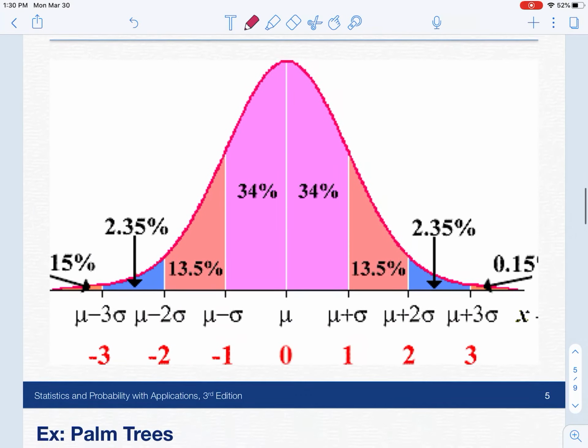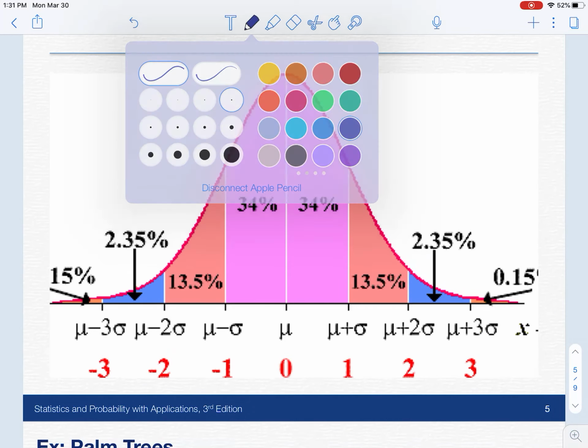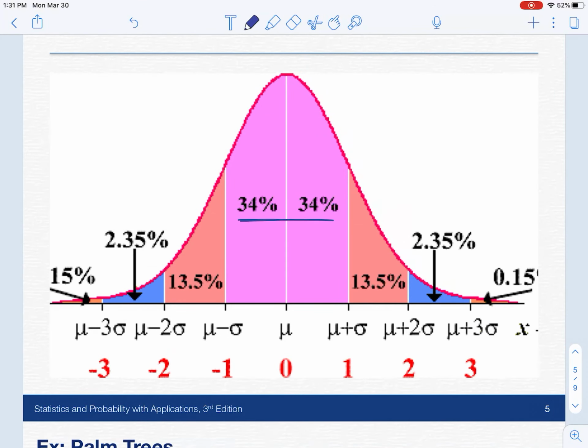Here's another picture saying the exact same thing. I've got 68% in the hot pink area. See how it's a total of 68% from here to here? If 68% is from here to here and it's symmetrical, then I would have 34% on the right and 34% on the left.